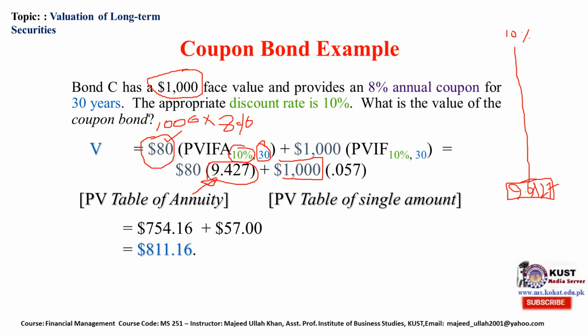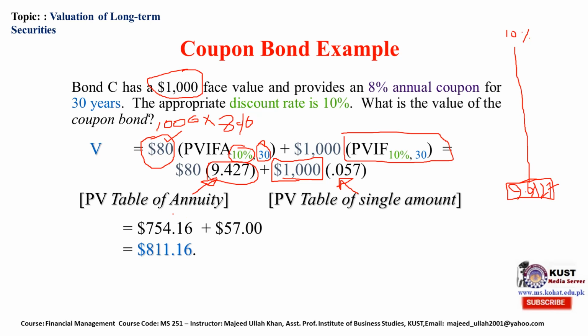This value has been extracted from the present value table of annuity. And this is a single amount that we will receive after 30 years. So we will get the present value factor in the single amount table below 10%, in front of 30 years, which is 0.057. This value has been extracted from the present value table of a single amount.